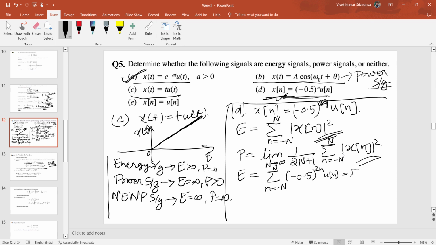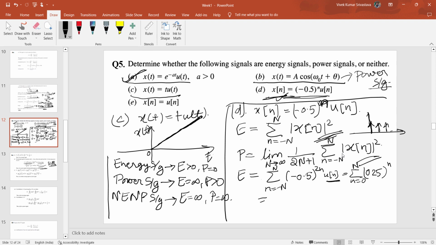This will be equal to the summation from n equals 0 to N, basically because the u of n function is defined only for 0, 1, 2 and so on. That's why I am taking the limit from 0 to N, and this will be equal to 0.25 raised to the power n.